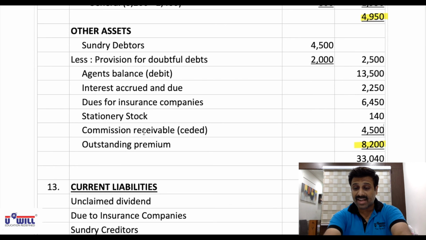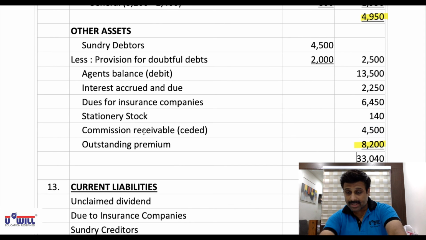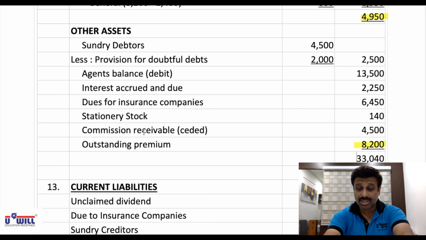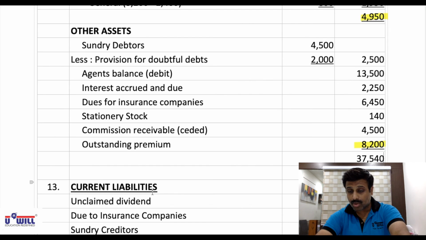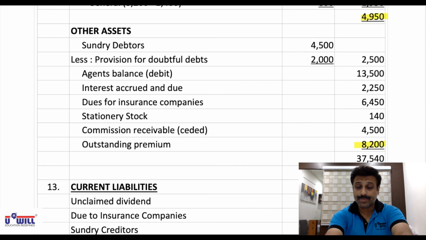So that 4,500 we have to add over here. Now if we add that 4,500, then this total will become 33,040 plus 4,500, that is 37,540. And the final total would become 37,540 plus 4,950, that is 42,490.